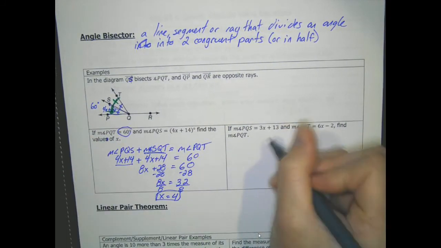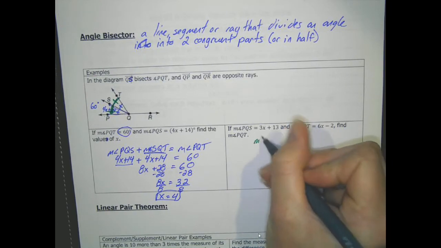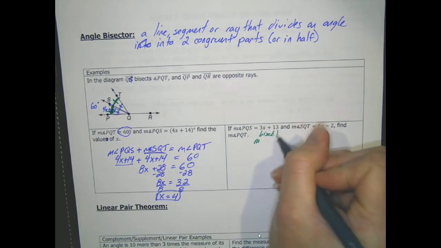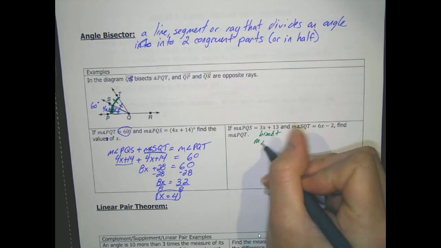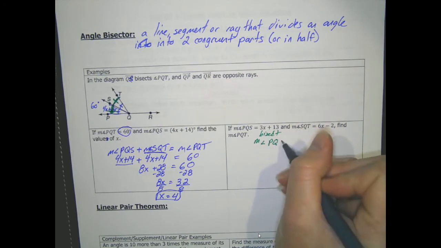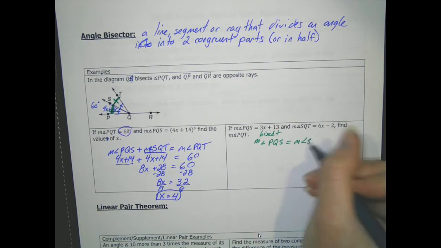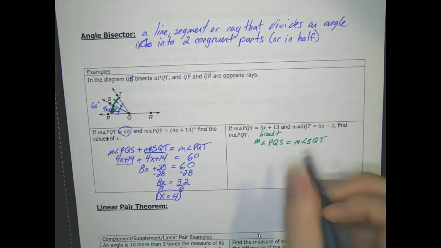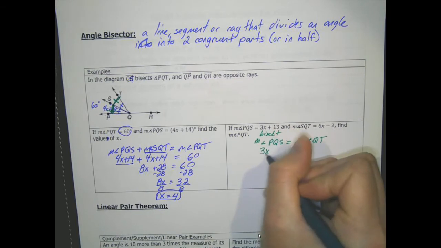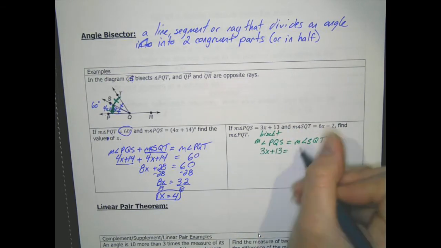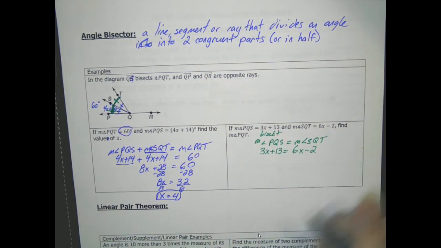So what that means is, because it's bisected, I know the measure of angle PQS is equal to the measure of angle SQT. So PQS is 3x plus 13. SQT is 6x minus 2.